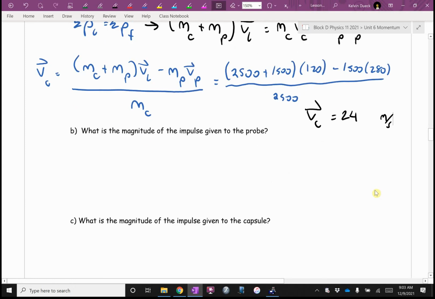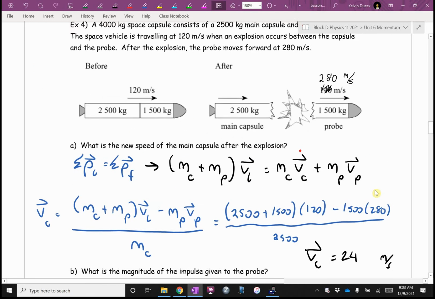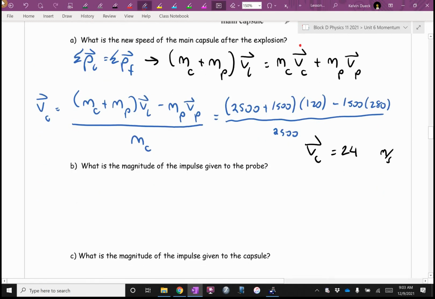What's the magnitude of the impulse given to the probe? Oh, that's easy. Impulse is change in momentum. That's going to be m probe v final minus m probe v initial. Did they give me the final velocity of the probe? Did they give me the initial velocity of the probe? Easy peasy.